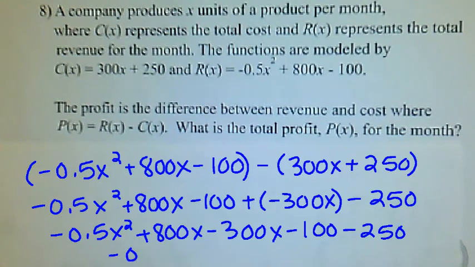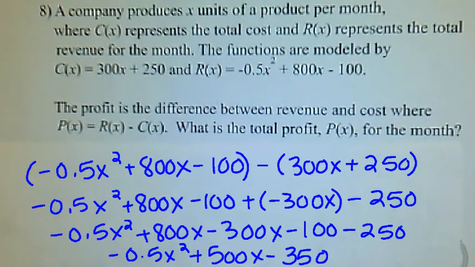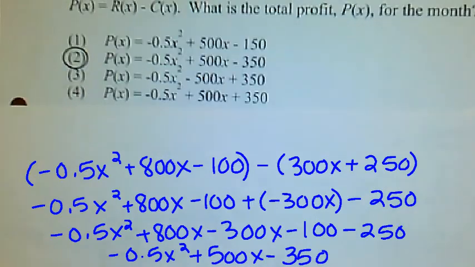So negative 0.5x squared plus 500x minus 350, which is choice number 2. You really have to work that one out before you can choose the correct answer.